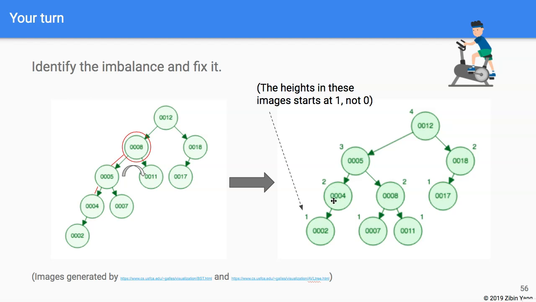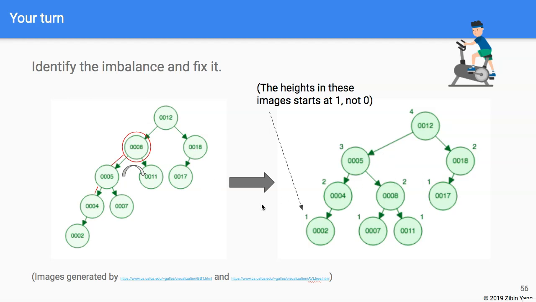Now, one thing I want to point out is you see these numbers here. These numbers are the height. This software, and I'll talk about this software in a little bit, actually assumes the height of the leaf nodes is 1 rather than 0, like what we are doing in this class. Another thing I want to mention is that I did not draw these pictures.